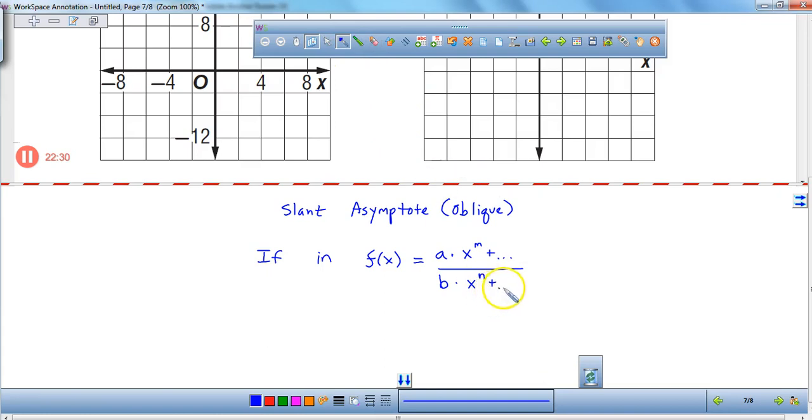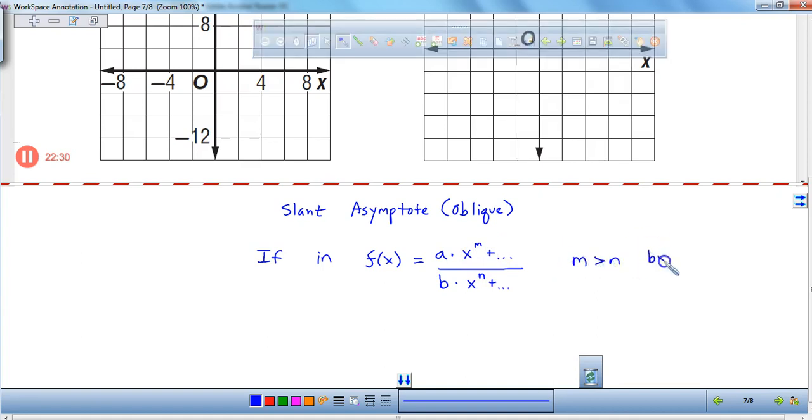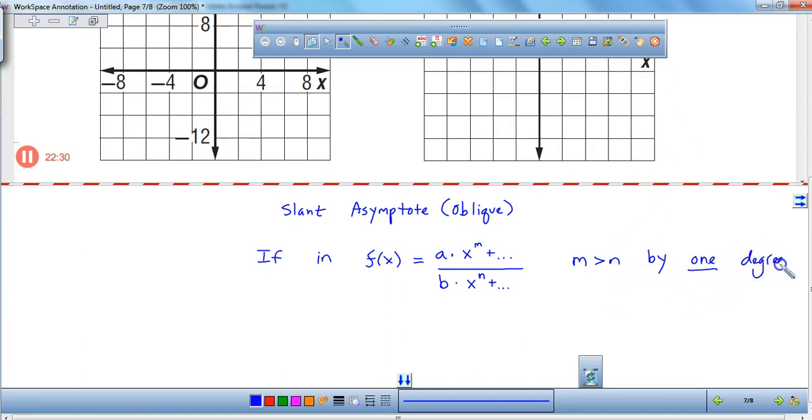You're looking for your highest exponents. If m is greater than n by, here's the key thing, by 1 degree, not 2 degrees, not 3 degrees, not 4 degrees, just by 1 degree, it has a slant asymptote.